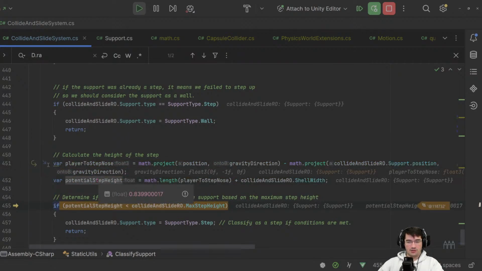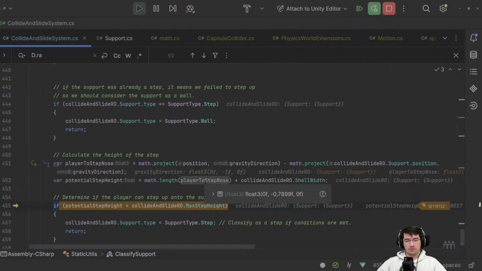The height is wrong. That's not the height I'm expecting. So this one is wrong.